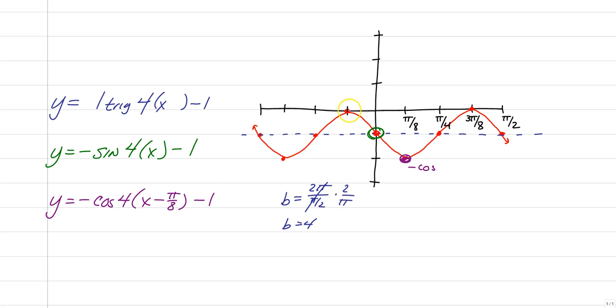For cosine you could have picked this guy instead. You could have done y is equal to a positive cosine of 4, but then you would have gone left, so plus pi over 8, and of course minus 1. So there's a whole bunch of different ones you could have picked. It's really up to you.